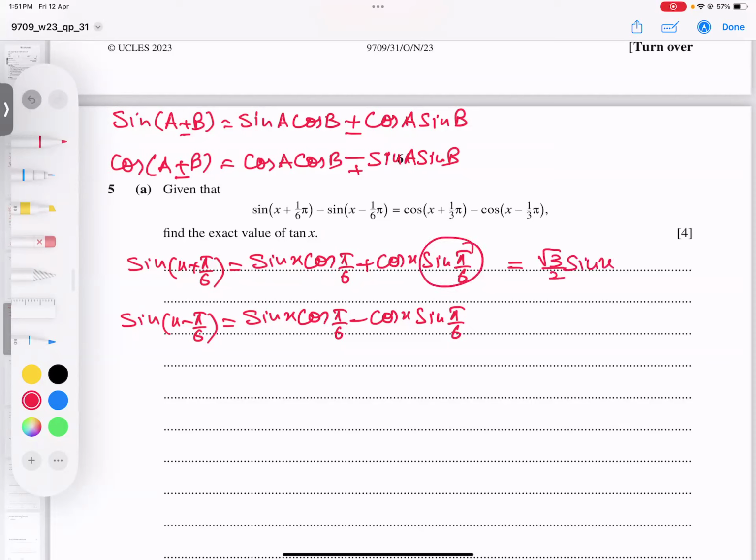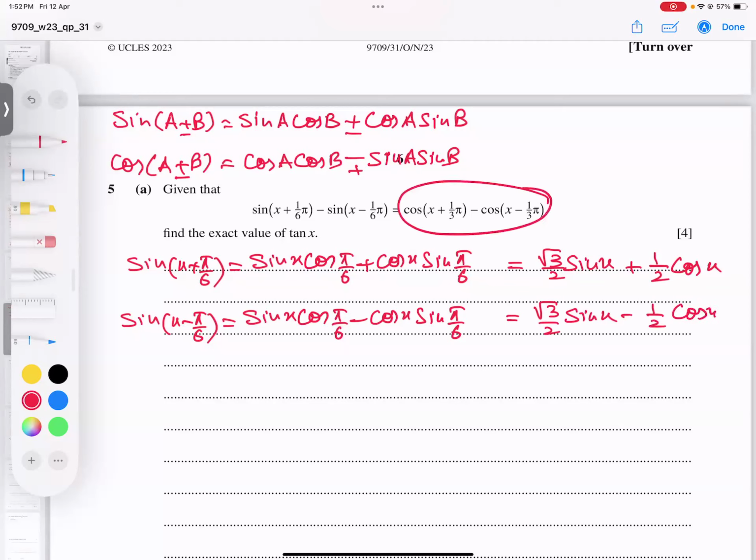And what is this one? Sine 30, sorry, sine pi by 6 is a half. So I got a half times cos x. The same value, only the sign changes. So, students: root 3 by 2 sine x negative half. Nothing hard.